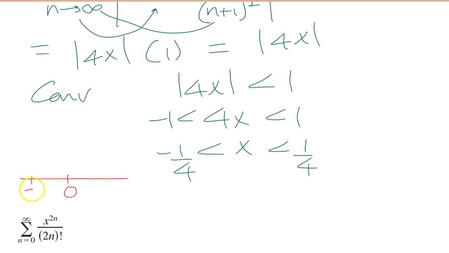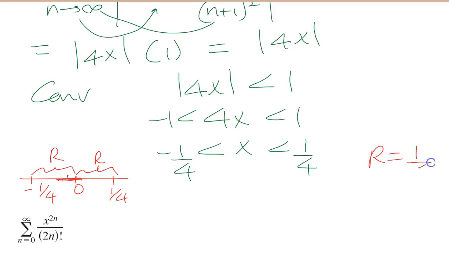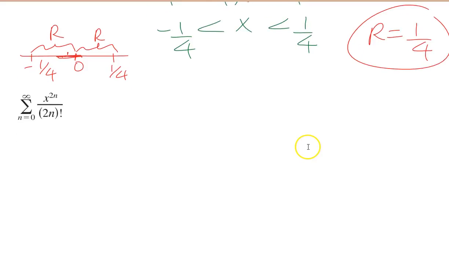Center is 0, and then mark these two endpoints, negative 1/4 and 1/4. Okay, let me draw it a bit better. What is that distance? That distance from the center is the radius, and that is going to be 1/4. Radius is always a positive number, okay? Because radius measures distance, right?